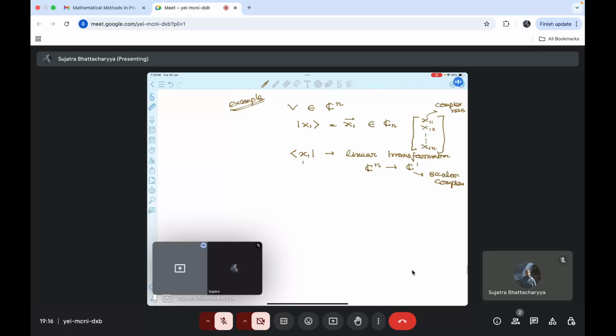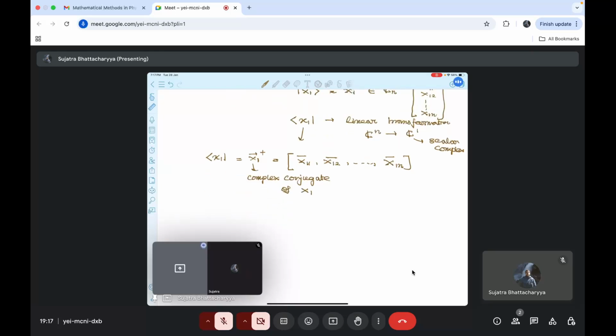But when you do it, what it will be is nothing but x11 bar, x12 bar, so on up to x1n bar. So this is nothing but x1 dagger, the complex conjugate of x1, or I would say the complex conjugate transpose.